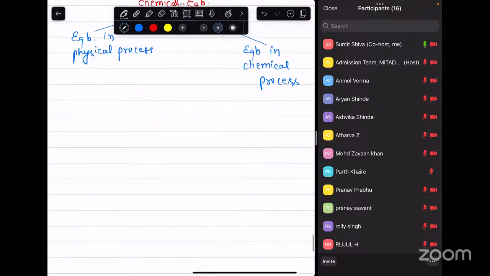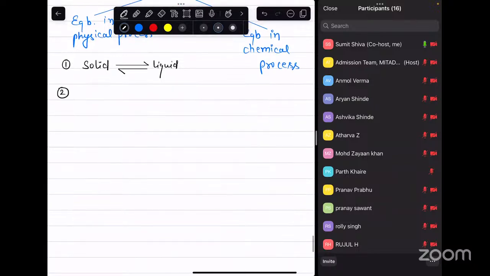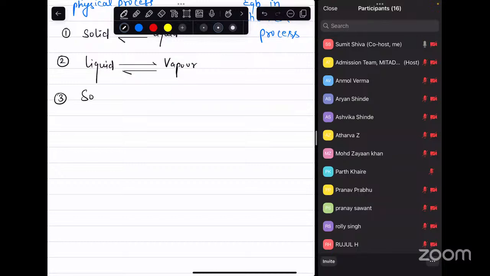In physical process, we have some simple cases like solid to liquid and liquid to solid, liquid to vapor, vapor to liquid, solid to gas and gas to solid.